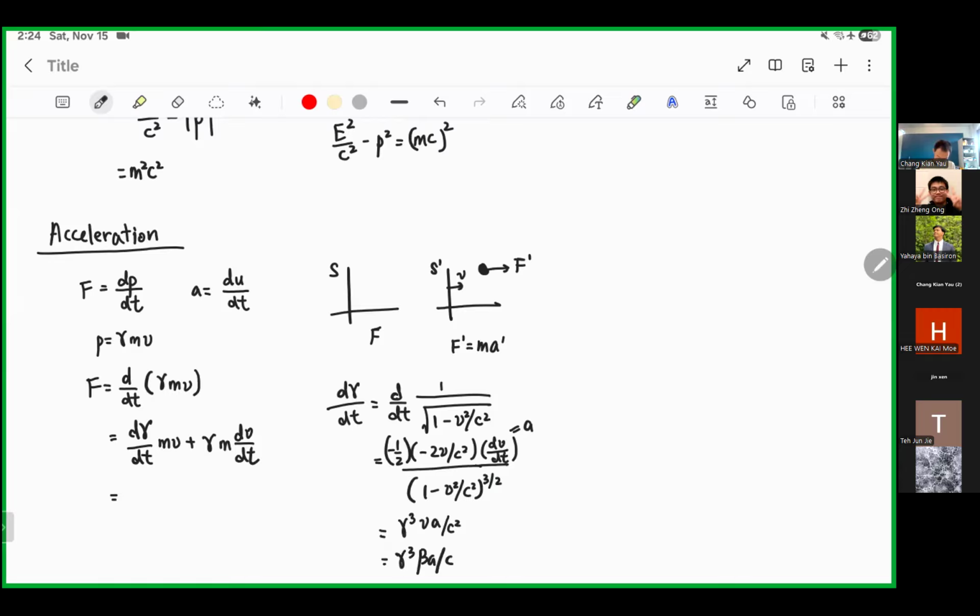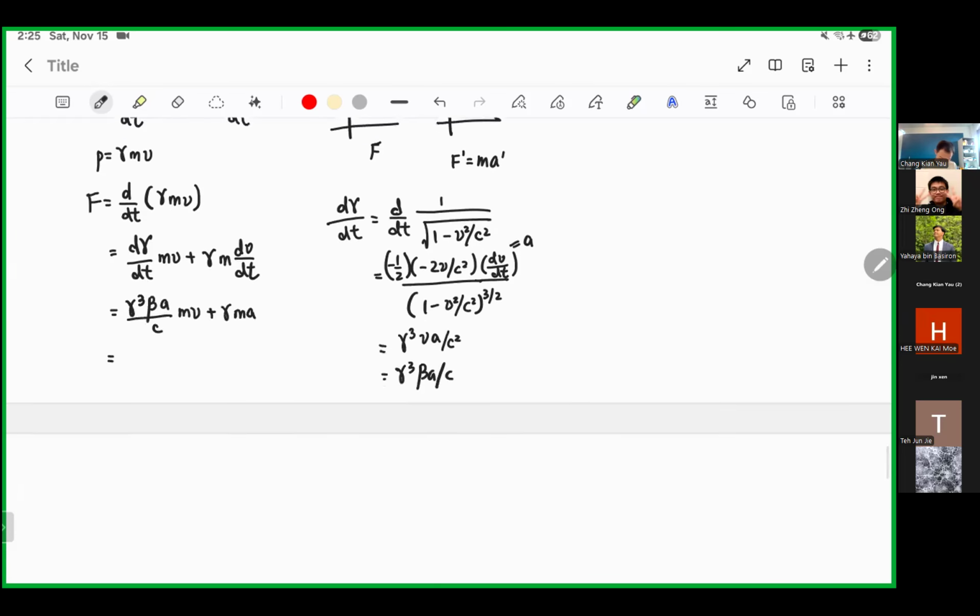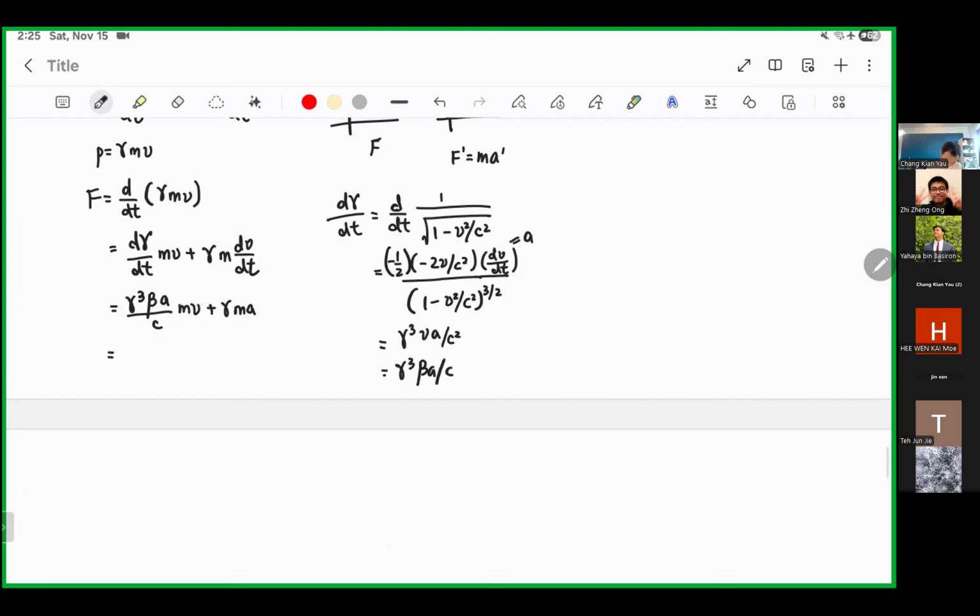Okay, now I plug this in, and I get gamma cubed beta a, and there's a c here, times m v, plus gamma m a. And v divided by c is just beta. We get this. To simplify further, I'm just going to take the gamma m a out, plus 1.